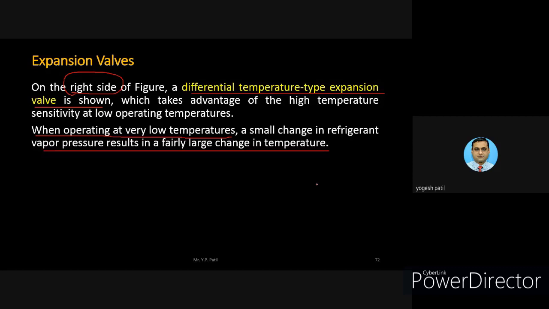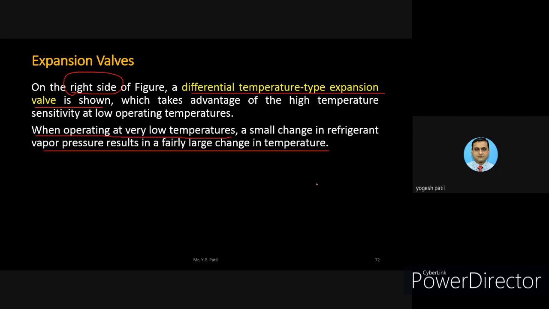Okay, so there are high operating conditions and low operating conditions. Under very low operating conditions, a very small change in the refrigerant vapor pressure can result in large changes in temperature. So refrigerant vapor pressure is directly related to the temperature change.